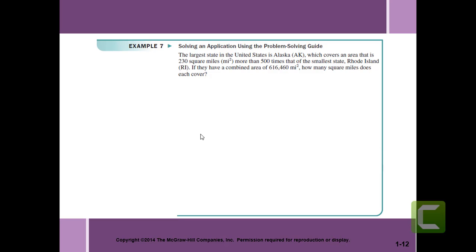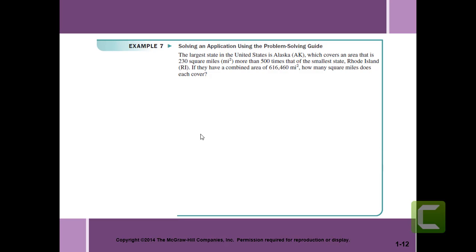Let's read that again, because that part of the sentence can be confusing. The largest state, which is Alaska, covers an area that is 230 square miles more than 500 times that of the smallest state, Rhode Island.